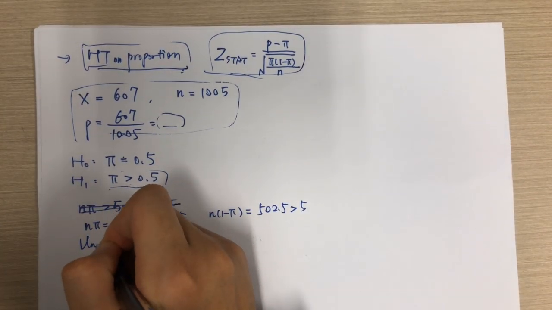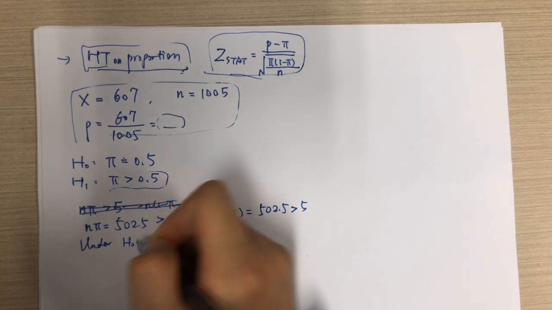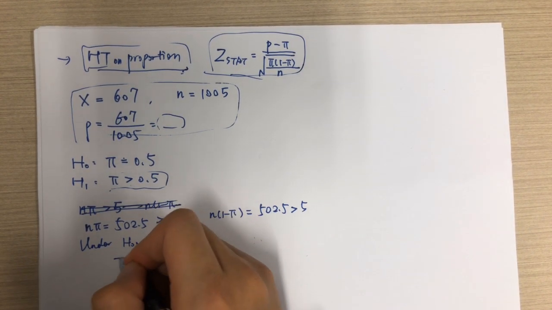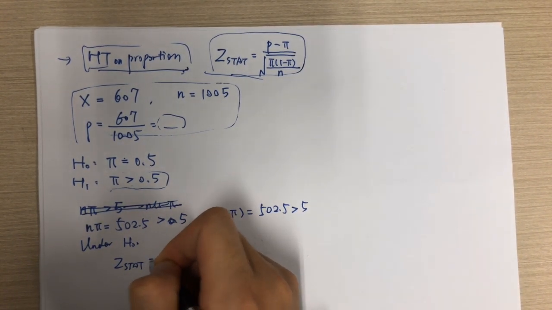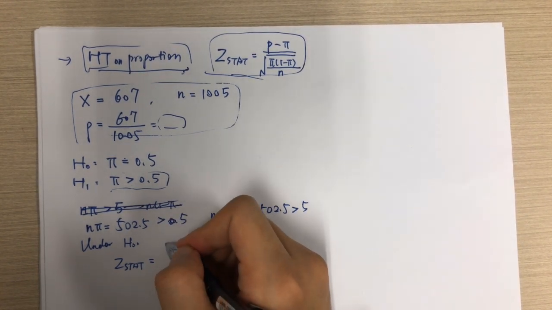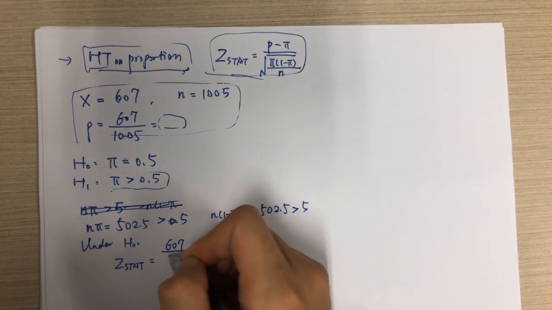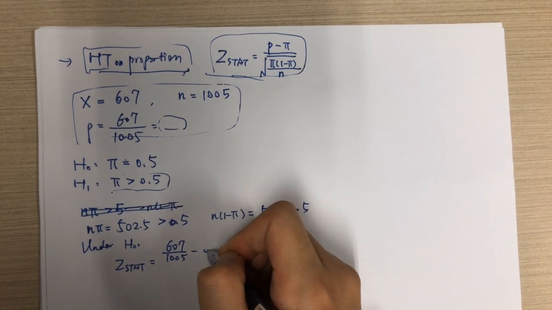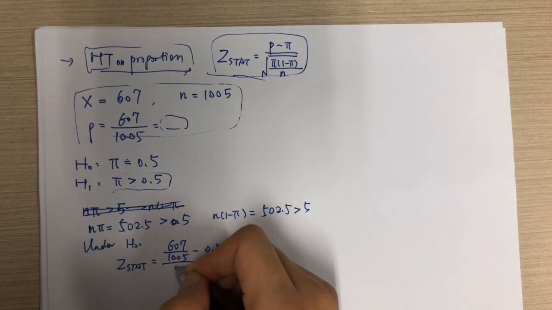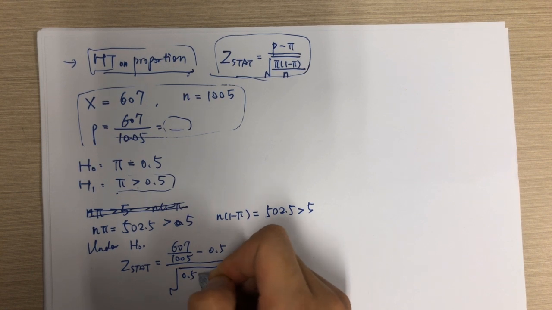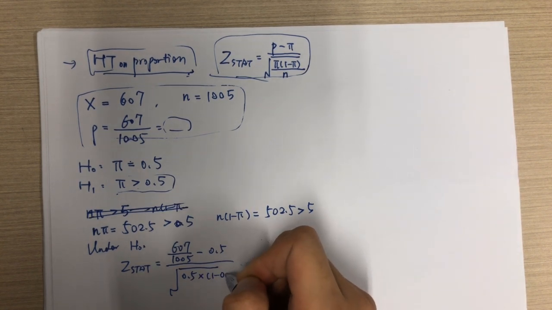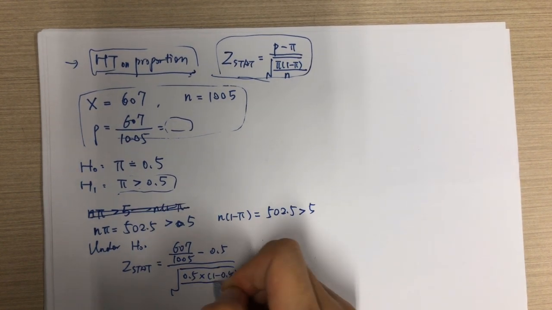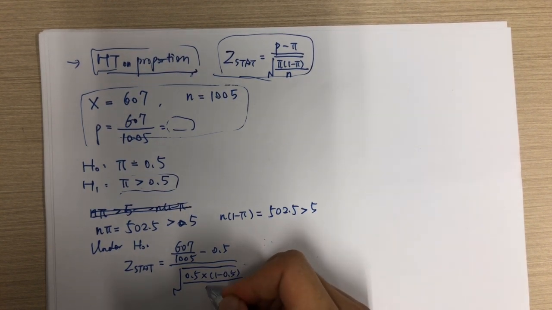So you can say under the null hypothesis, the z-stat becomes p, which is 607 divided by 1005, minus 0.5, and then divided by the square root of 0.5 times 1 minus 0.5, divided by n, the sample size 1005.